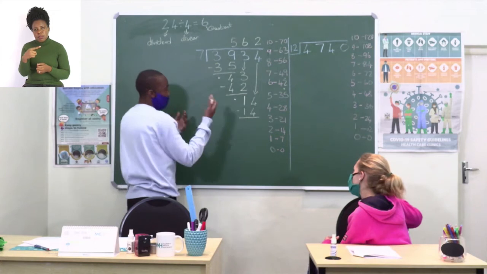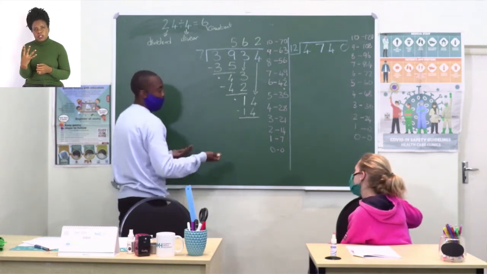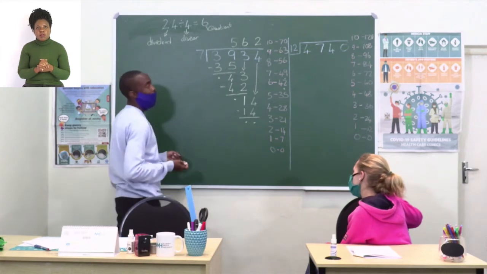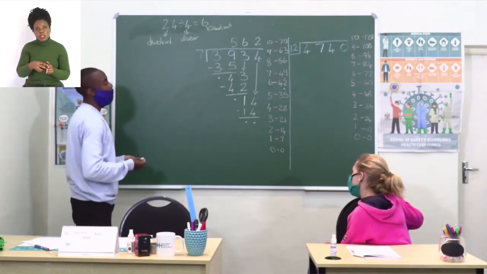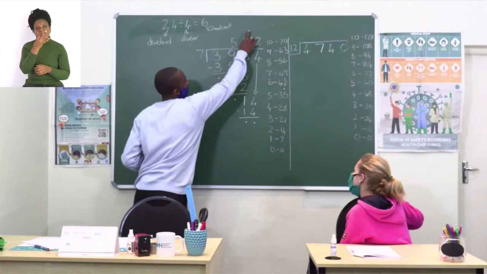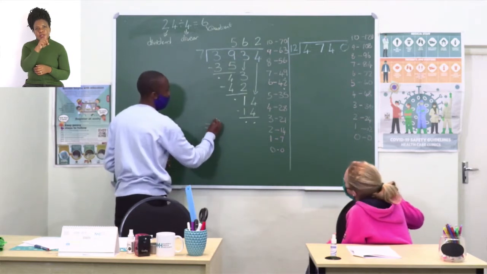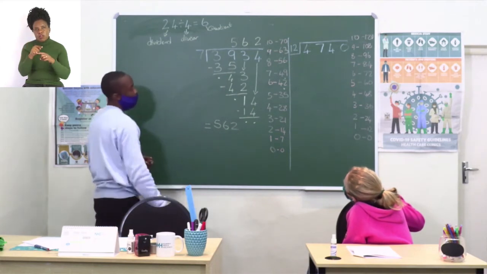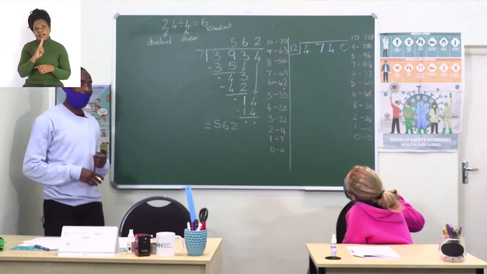I will then say 14 minus 14 will give me 0. So then I'm done. But the question is, which one is my final answer? This is my final answer, which is 562. Are we together? All right.